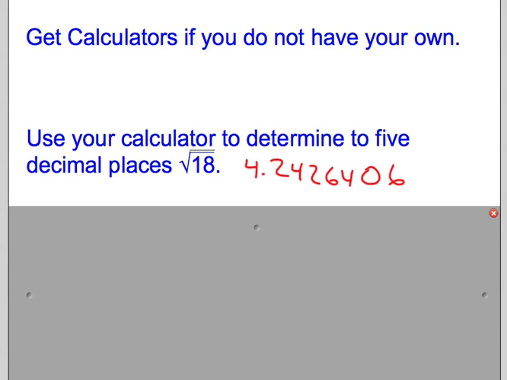And I'm asked to round that to 5 decimal places. I'm going to go 1, 2, 3, 4, 5. So that's the 4 in that spot. The next digit is 0, which is going to keep it at 4. So my answer would be 4.24264. Just rounding it to whatever decimal place it is.